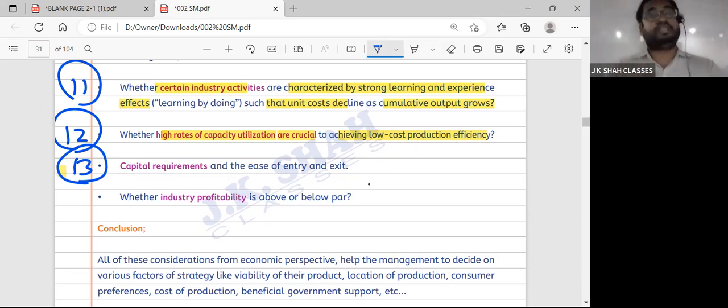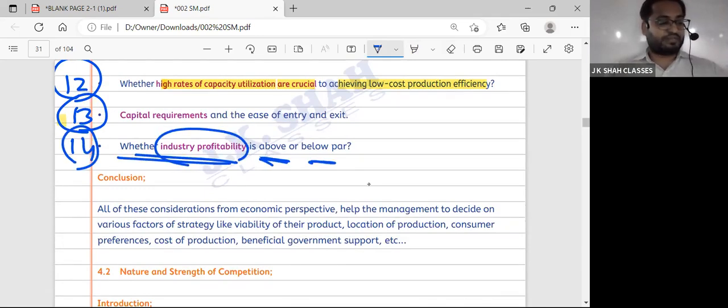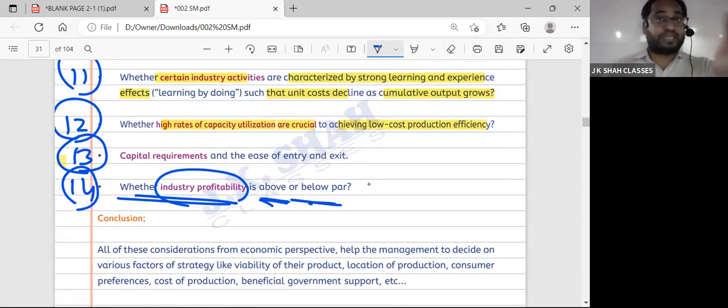Those who have the money will enter, otherwise no one will enter. You all understood this. 14, sorry. Industry profitability is above or below par. Whether the industry in which you are planning to enter, are they making profits or are they not making profits? You all understood this.